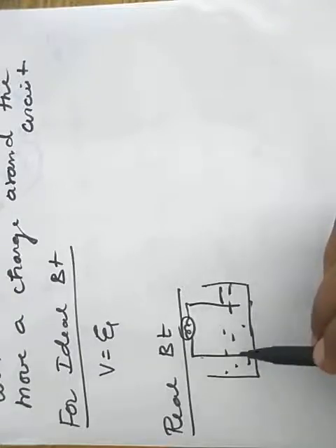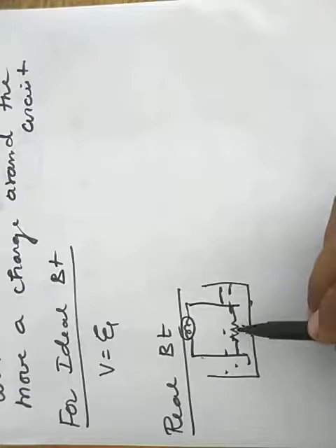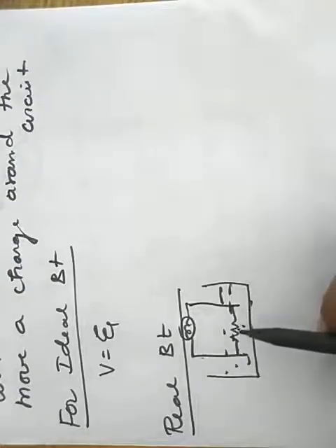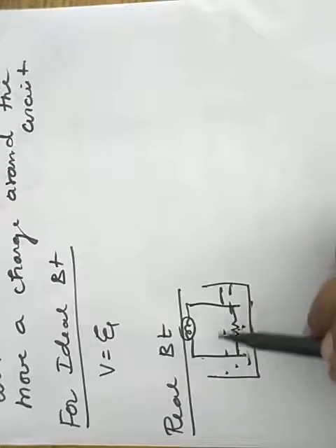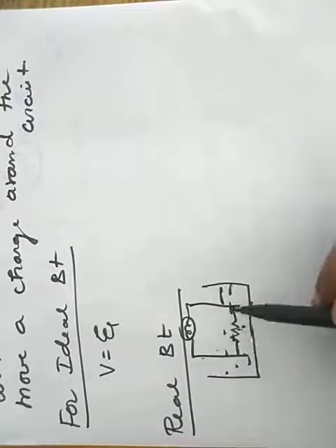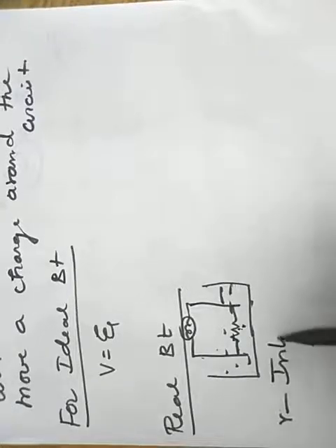Inside the cell there is some resistance, that is the internal resistance. Internal resistance is the resistance offered to the current flow by the electrode and electrolyte. It is represented by the symbol small r.